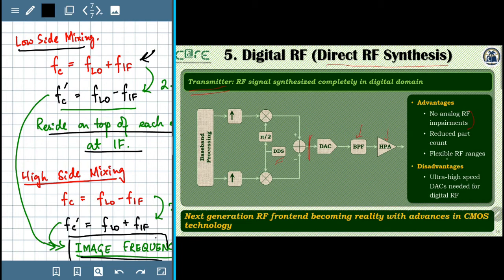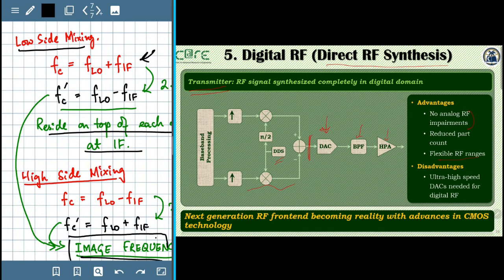Another huge advantage in terms of practical implementations is that because all the RF frequency processing is being done in the digital domain, and there are no specific analog components tuned at particular center frequencies, the range of RF frequencies that we can achieve by means of this architecture is huge and almost unlimited, limited only by the sampling speeds of the DAC.